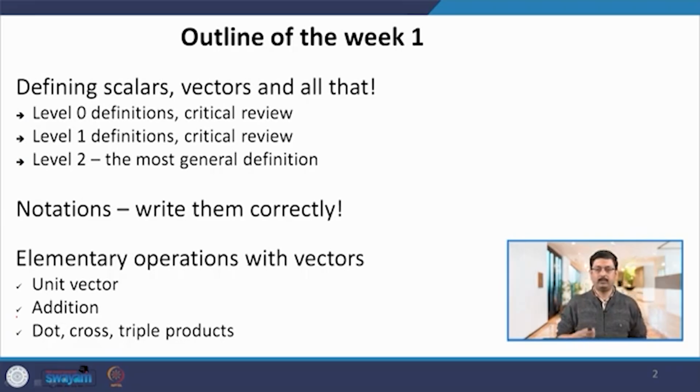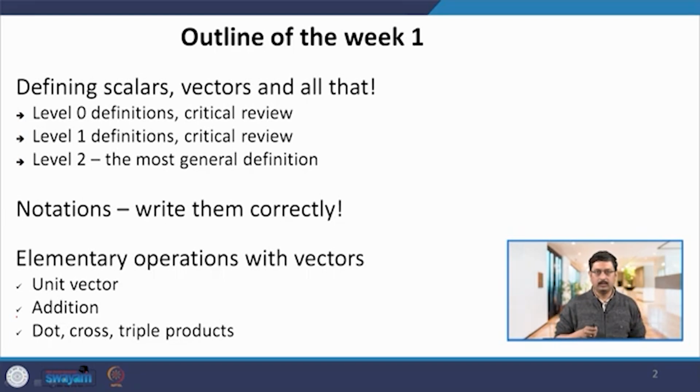Usually in mechanics textbooks followed in first year physics courses, the definitions of these quantities, especially vectors, are incomplete. So, we will introduce these concepts at 3 levels of generality.